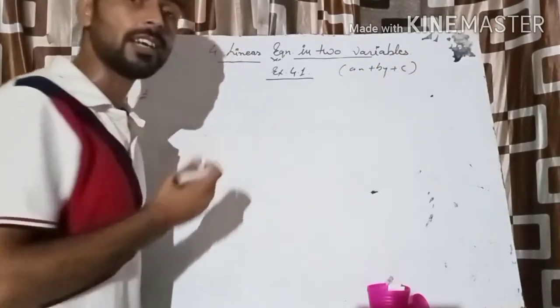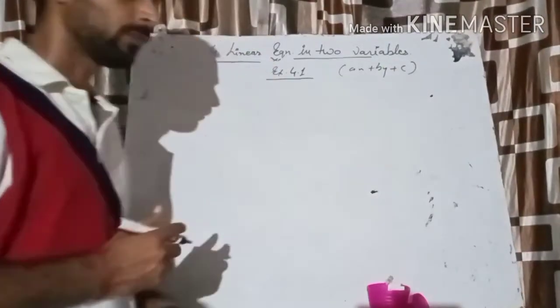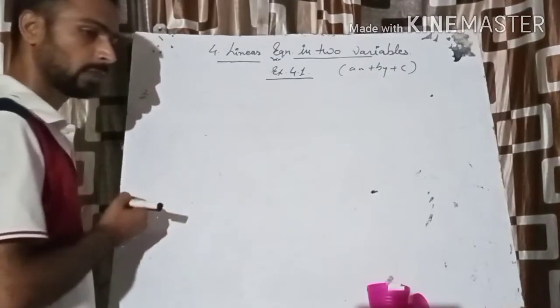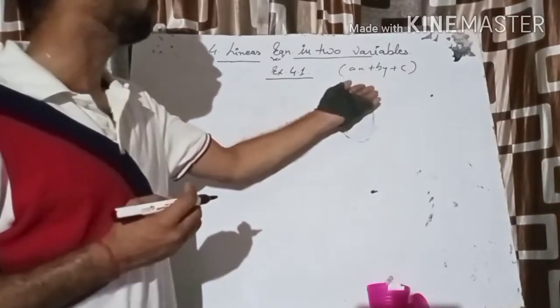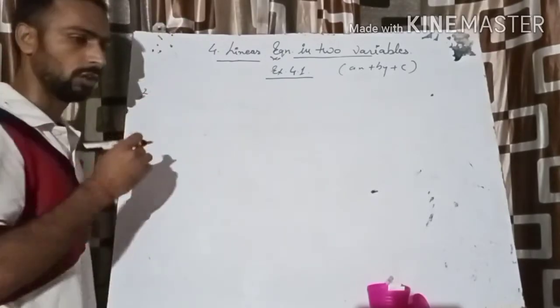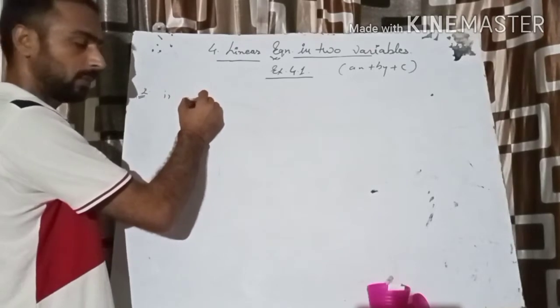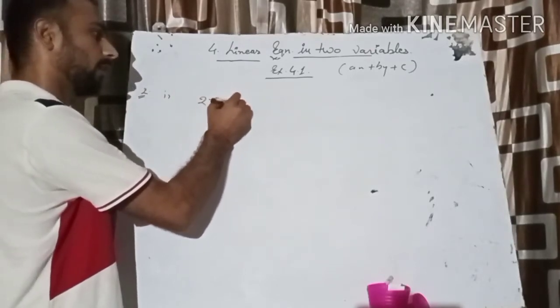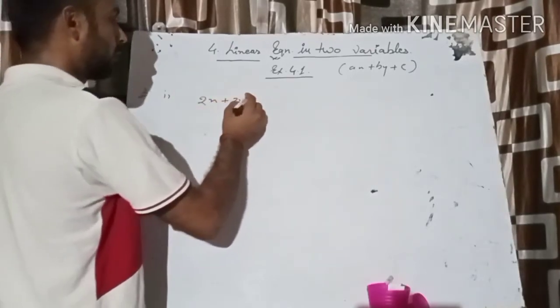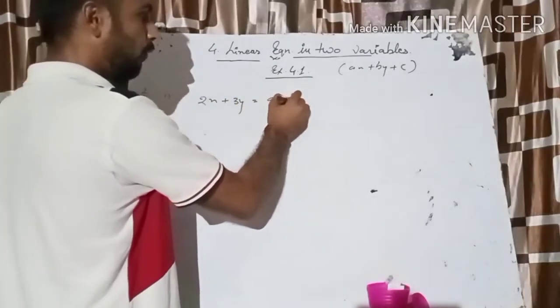We also have to indicate the values of a, b and c. In question number 2, we are doing the first part: 2x plus 3y equal to 9.35 bar.